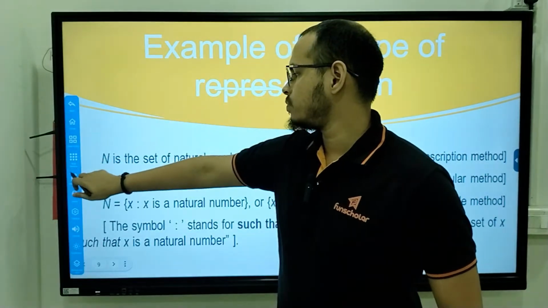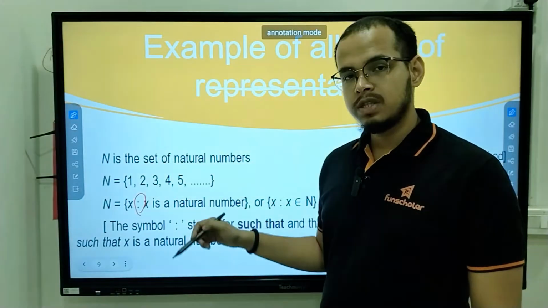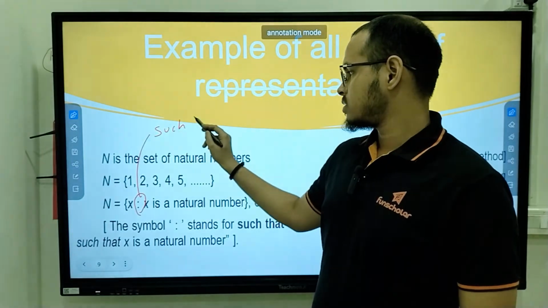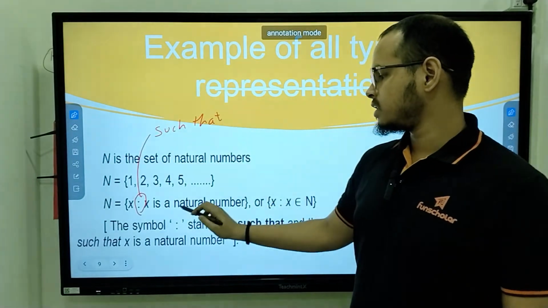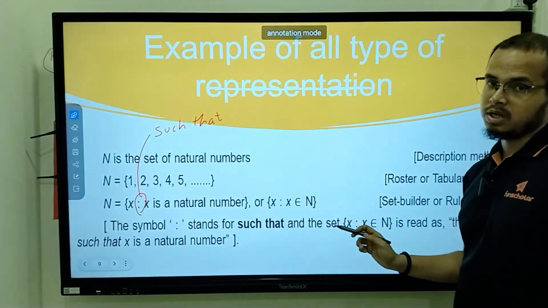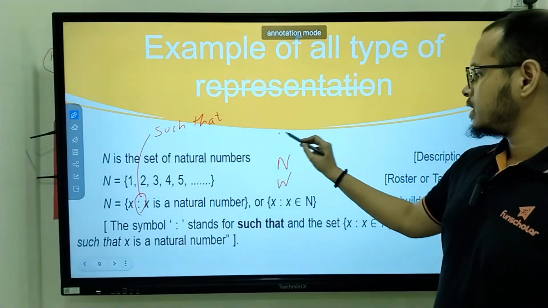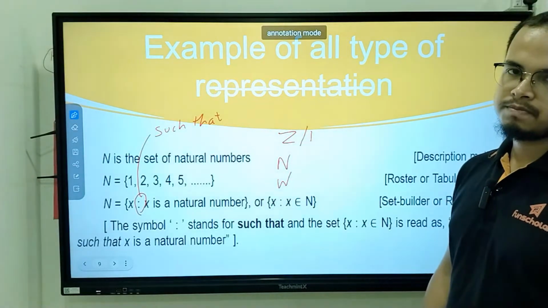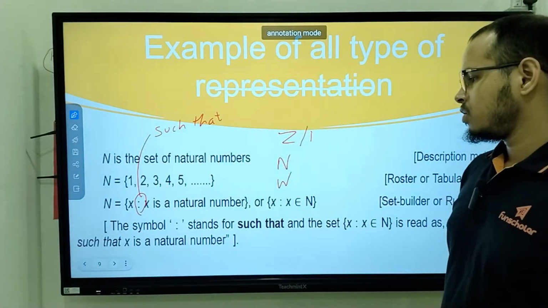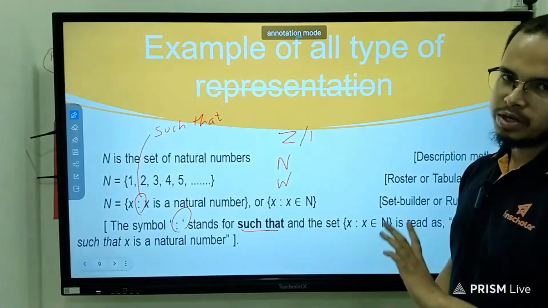This is read as x such that x is a rational number, or x such that x belongs to natural numbers. N stands for natural number, W stands for whole number, Z or I stands for integer. These are a few basic terminologies that we have to understand. This colon sign is known as such that in sets.